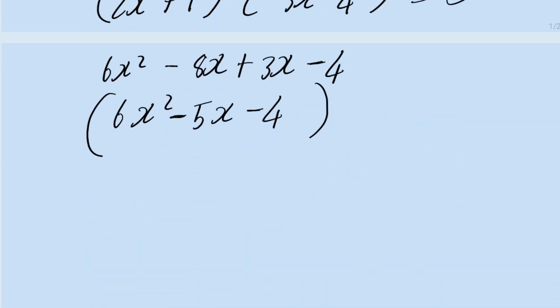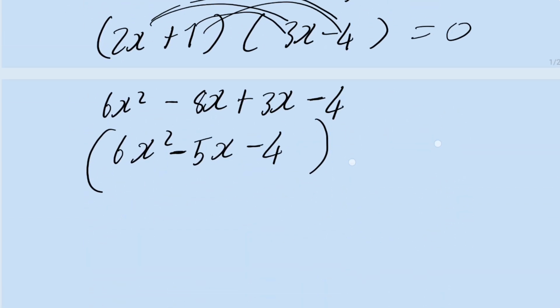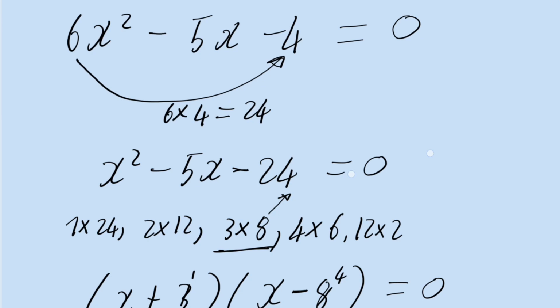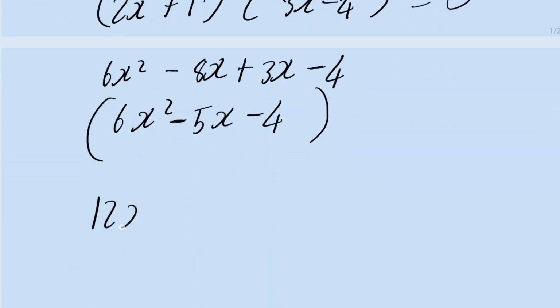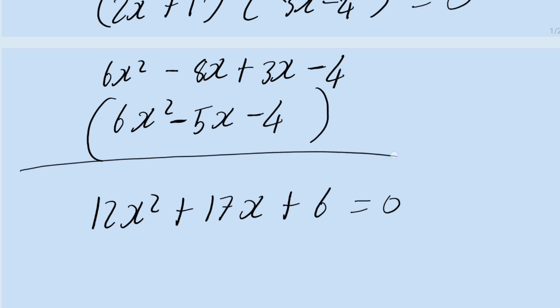That's the simple way. Now we're just going to go down to another example. That's the second equation. So you can see how we follow the method again. The second equation tells us what? 12x squared plus 17x plus 6 is equal to 0.